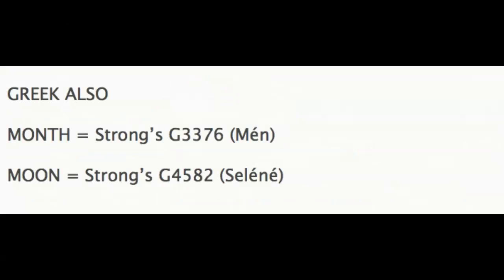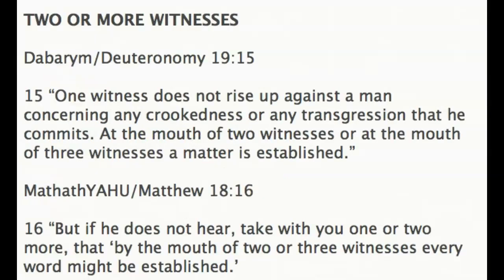We've also gone over the Greek right here, how there are two different words. One word means month and one word means moon, just like in the Yahudiath. But now we're going to be going over more witnesses to show you and prove to you that the lunar calendar is not scriptural. Scripture tells us that from the mouth of two or more witnesses can every matter be established.